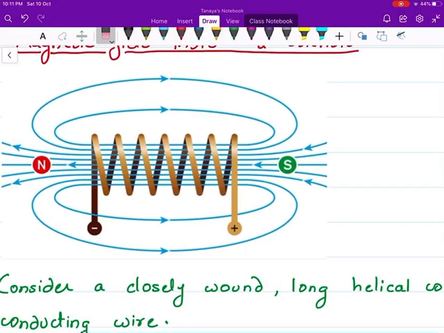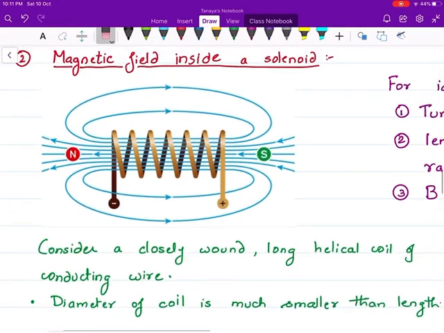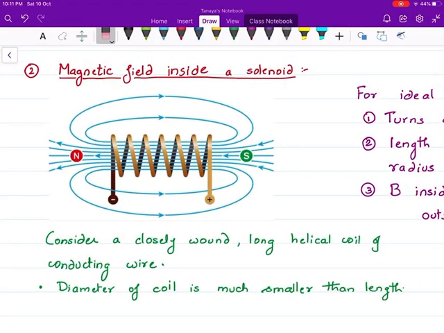We can assume it to be zero. So we are going to say that the magnetic field inside this solenoid is uniform, but outside this solenoid the magnetic field is zero.